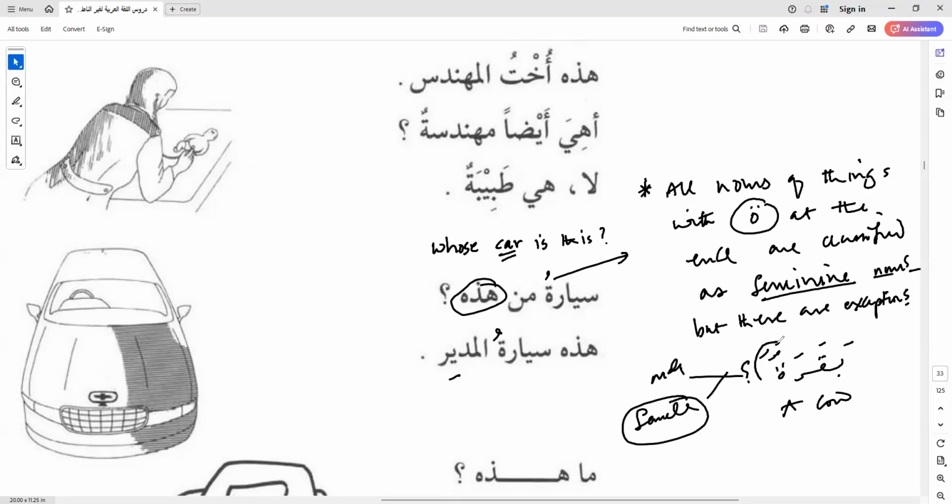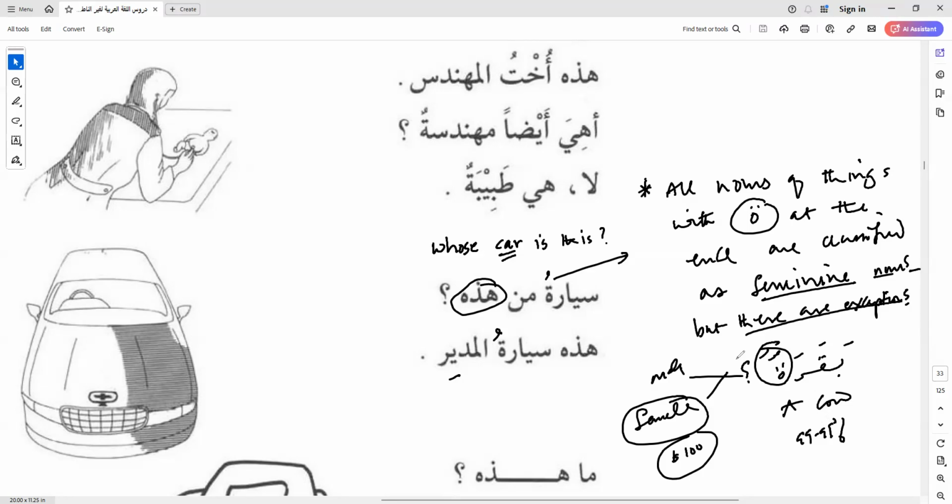Why? Then you say because of the taw marbuta at the end. But like I said, there are exceptions to the rule. But if you are betting your $100 on it, bet on the female. You're going to be right 99.99% of the time.